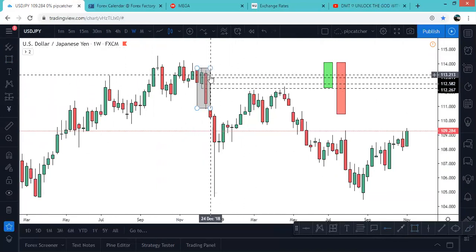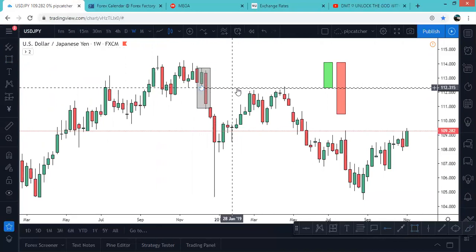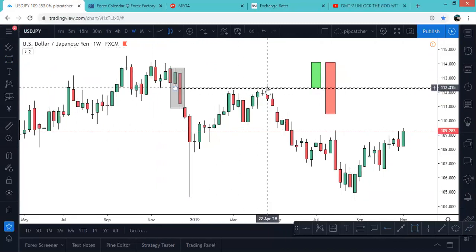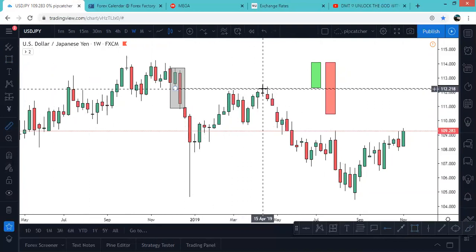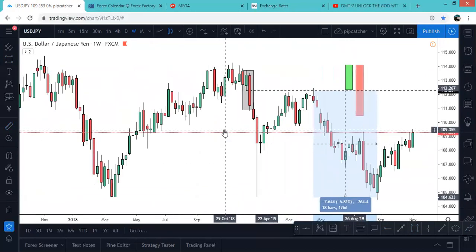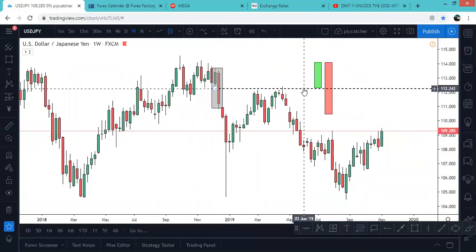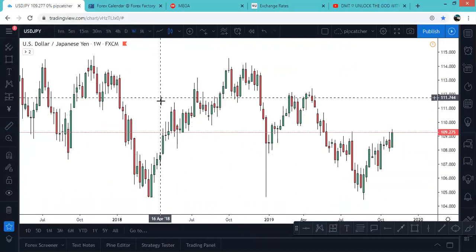And look, it came back to the wick right here perfectly and gave you that nice entry. 764 pips, right? So that was a simple engulfing pattern.